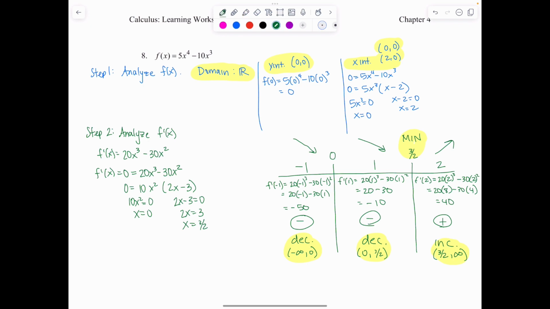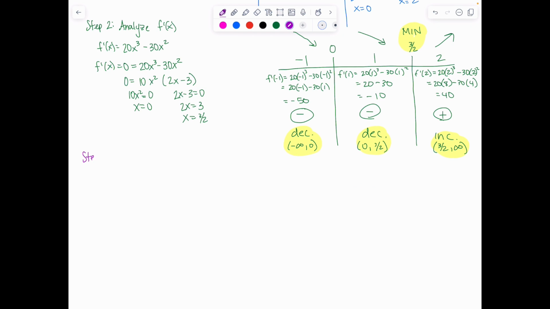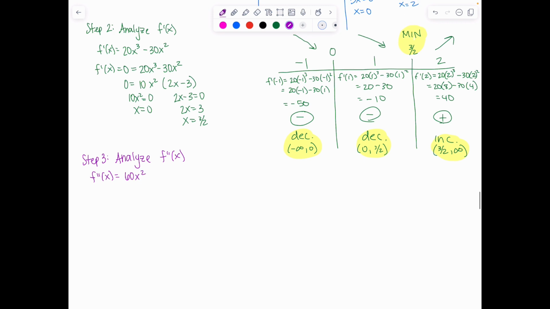Okay, step 3. We'll analyze our second derivative. So our second derivative will be the derivative of 20x cubed, 60x squared, minus the derivative of 30x squared, 60x.